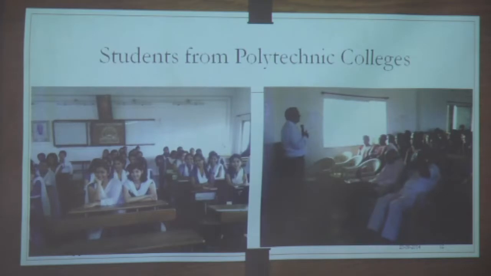Here is another group which I call Polytechnic. On the left hand side you will see the group of students from BPM's Polytechnic. You can see the smiling faces of girls. Possibly they are smiling for the first time. On the other side you see I am standing and addressing a group in a place called Vani in the district of Yavatmal, which also runs a Polytechnic.